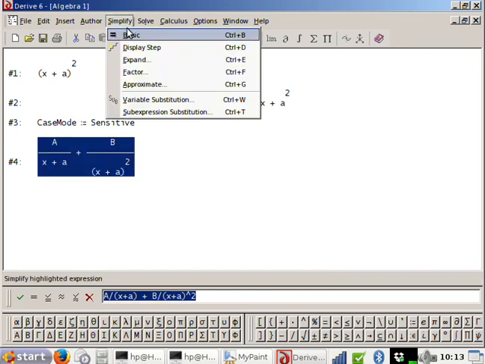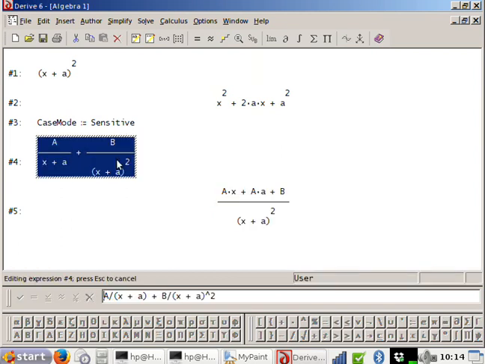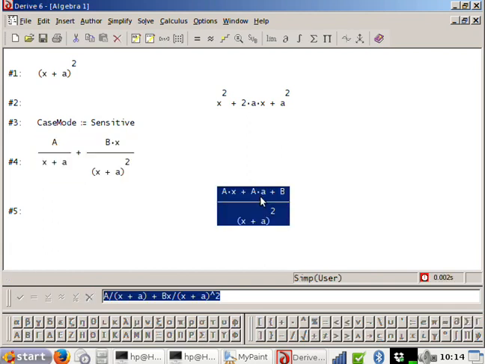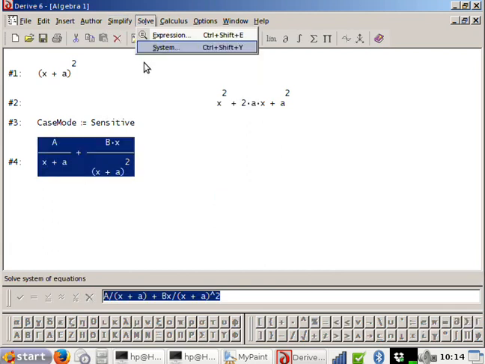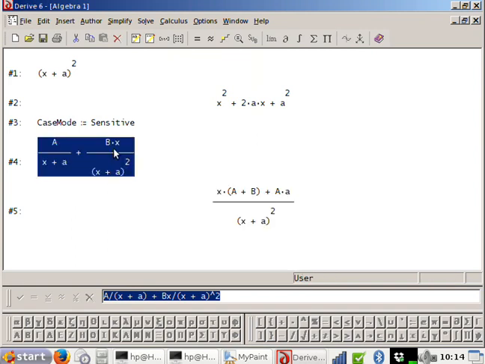And when I simplify this, I get a linear over quadratic, which is what my question was. But what happens if I replace this b with something like bx? If I add these together, I still get a linear over quadratic. So it seems like I have another answer here, possibly.